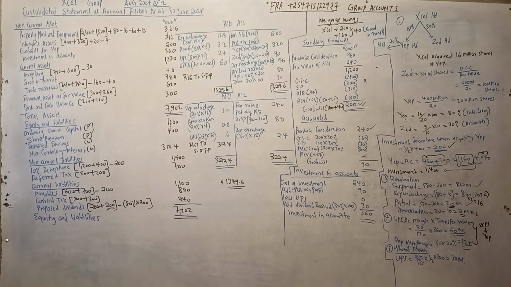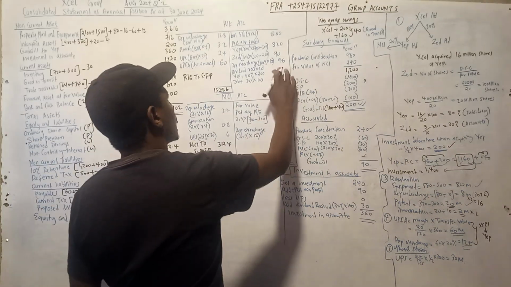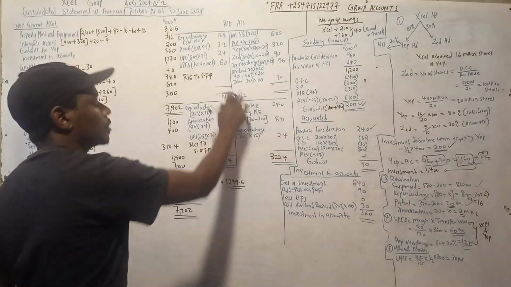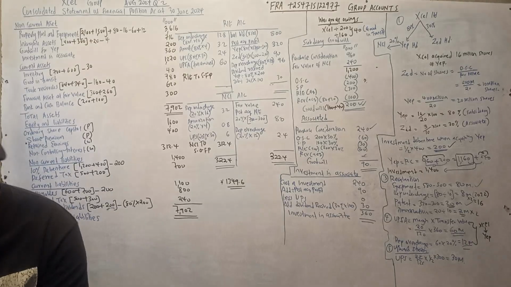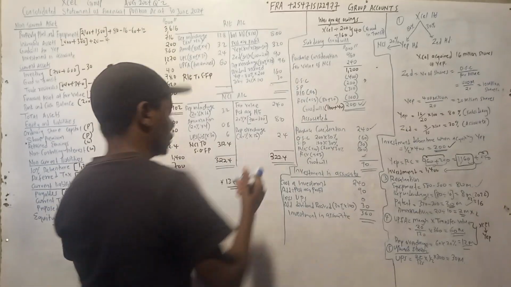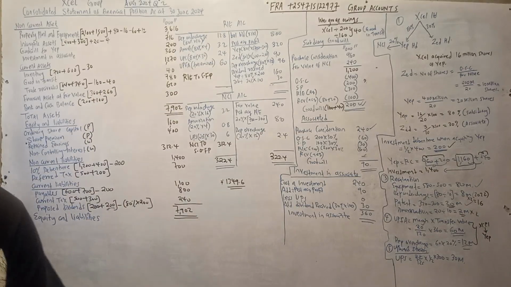Have I done it right? Just a moment. So there is an error somewhere. This one, 80% of 200, is supposed to be 160. Just a small error.